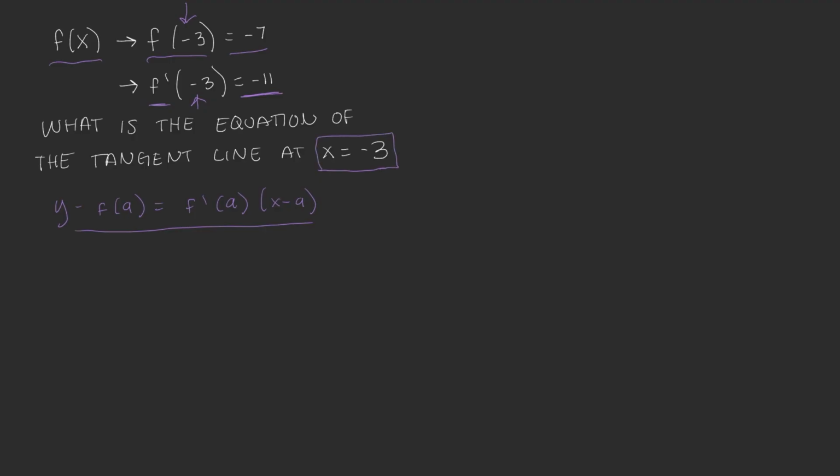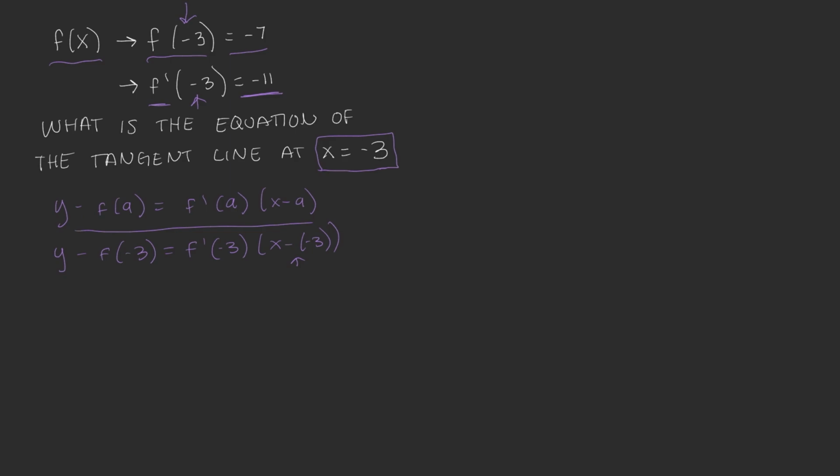So let's just replace anywhere we see an a with our -3. So y minus this function evaluated at -3 equals f prime evaluated at -3, and then x minus -3. And of course this later is going to turn into a positive, but we can do that at the very end. So we're just going to plug in everything that we know.